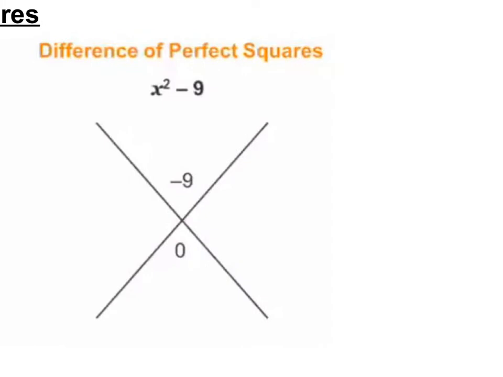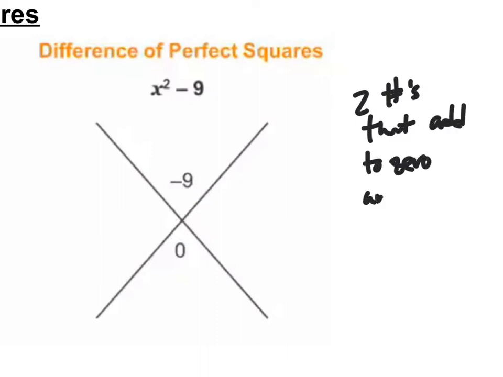But if I ask the question, two numbers that add to 0 and multiply to negative 9, then I can say that would be negative 3 and positive 3. Those two numbers will add to 0, but they will also multiply to negative 9.